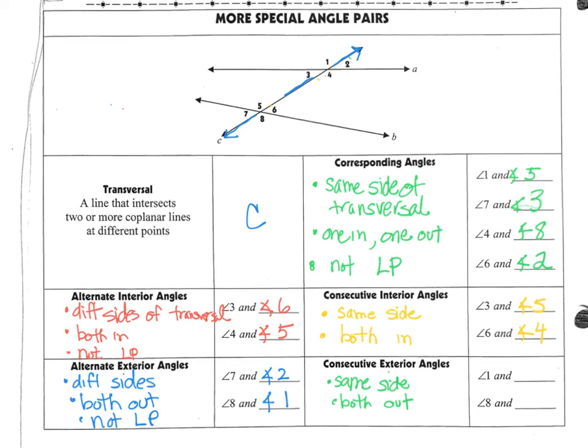So if we look at angle 1, its consecutive exterior angle is angle 7. And last one here, if we look at angle 8 and angle 2, they are consecutive exterior angles.